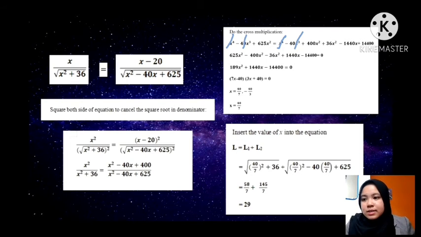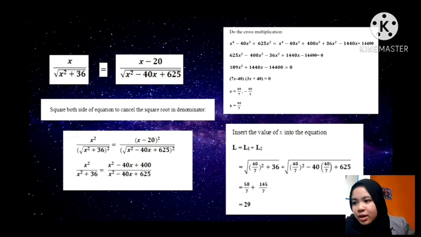That is the equation after you cancel out everything that can be cancelled out, and everything that can be simplified, you simplify, and you will get the final equation, which is 189x squared plus 1440x minus 14400 equals 0. Once you simplify, you will get a quadratic equation. Once you get the quadratic equation, you just insert it into your calculator and you will get x equals 40 over 7, and another one is minus 40 over 3.